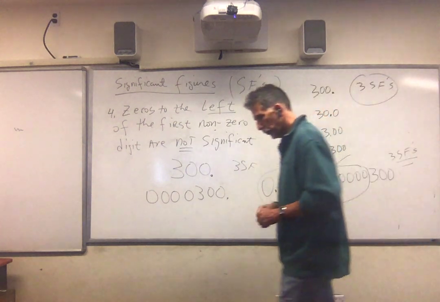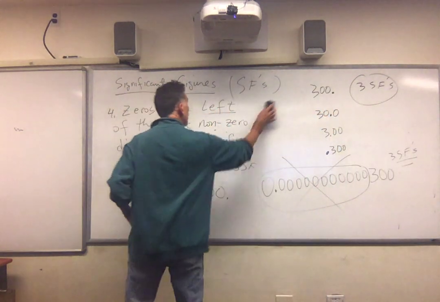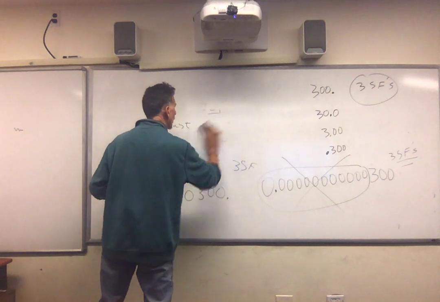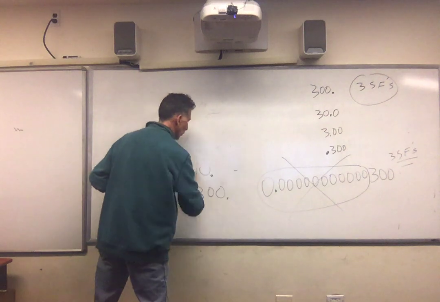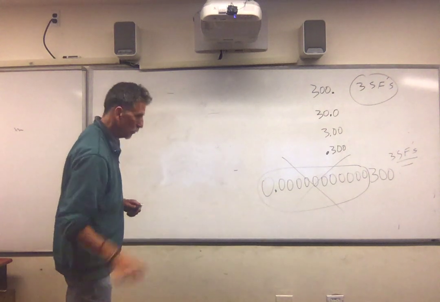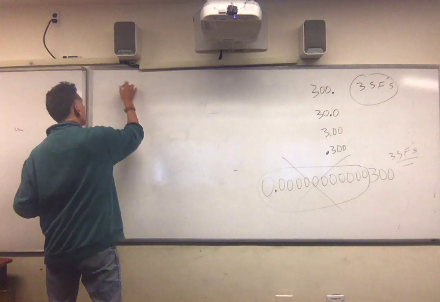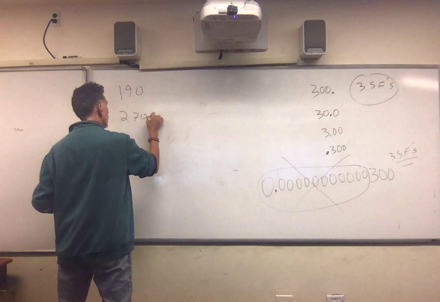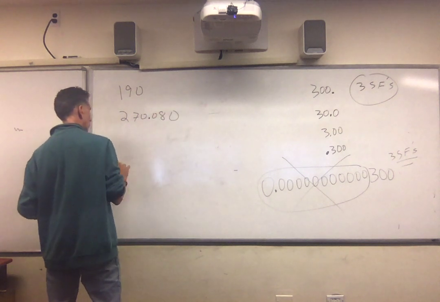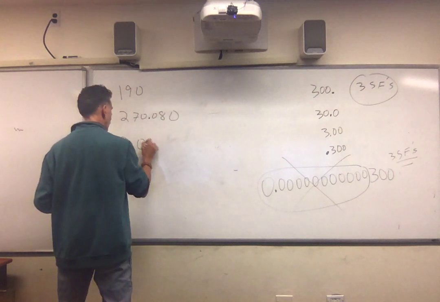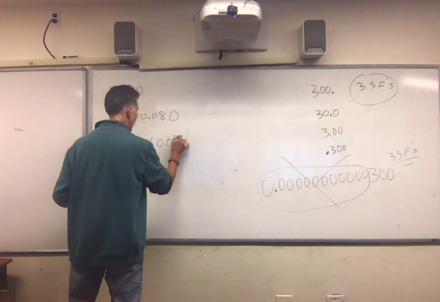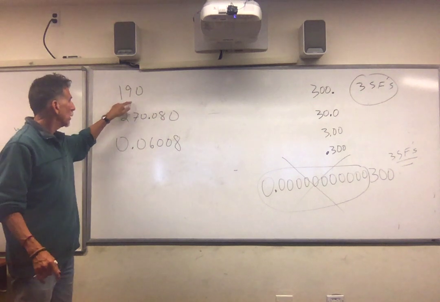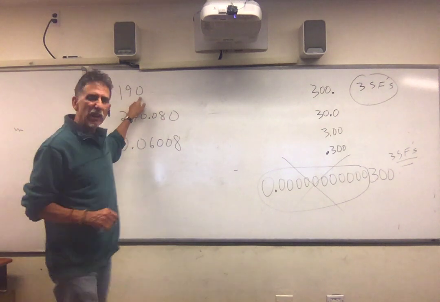Okay? So let's write a couple down and see if we agree. Let's start here. 190. Well, there's a trailing 0, but there's no decimal place.